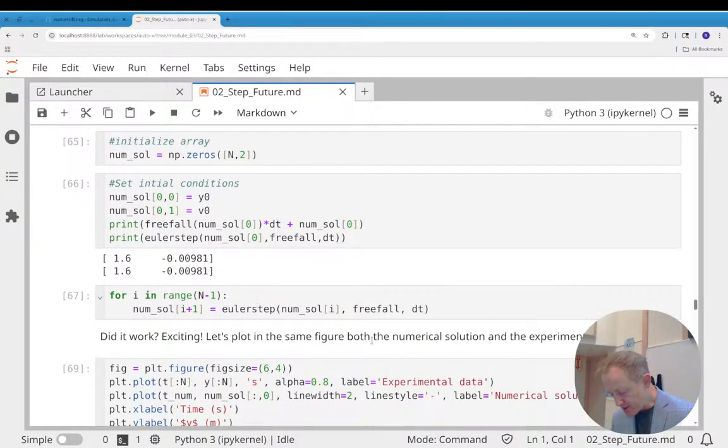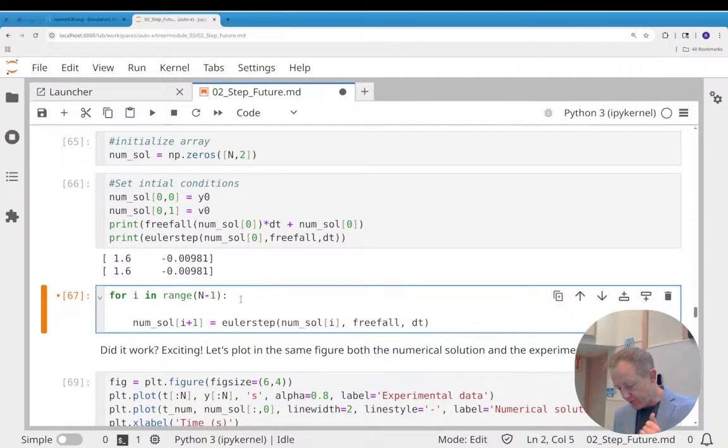Oh, you know what we could do? We could take 2 steps along the way. Let's do 2.